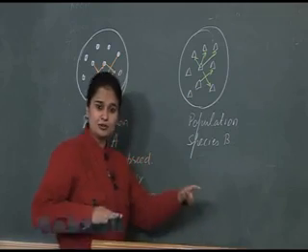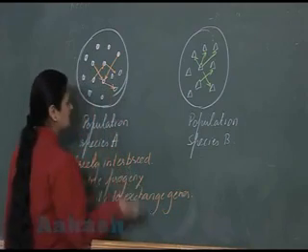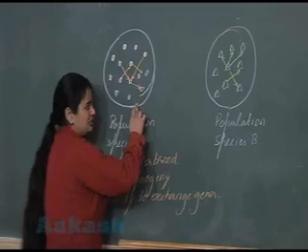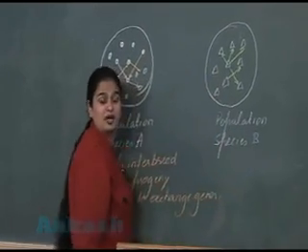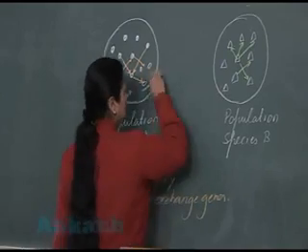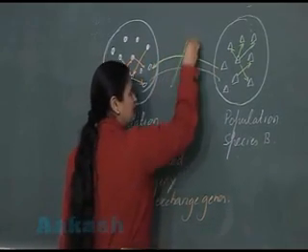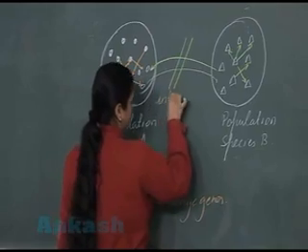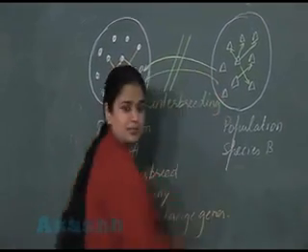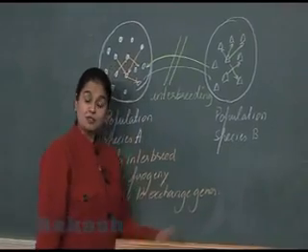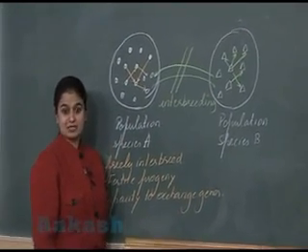But according to the biological species concept, members of one species cannot freely interbreed with the members of other species. Between the members of different species, interbreeding is absent.